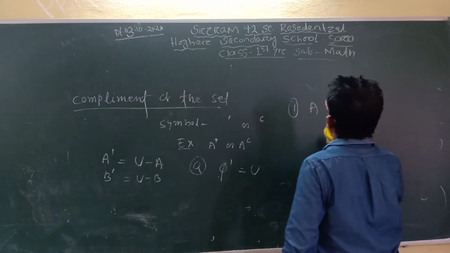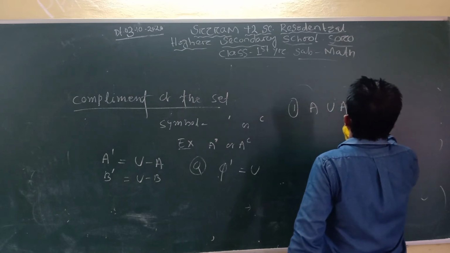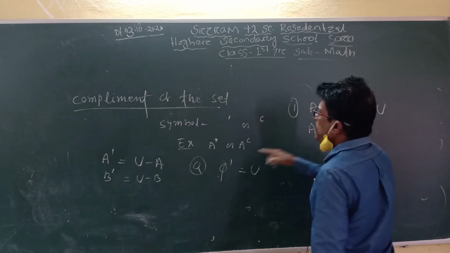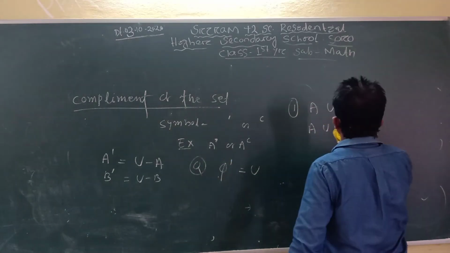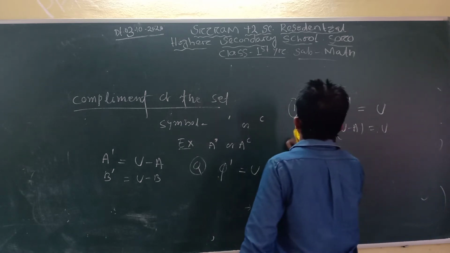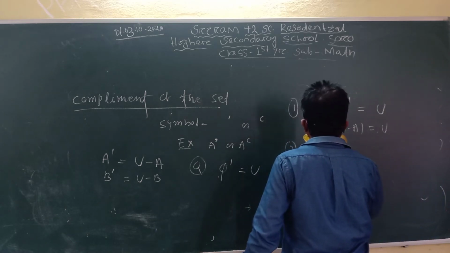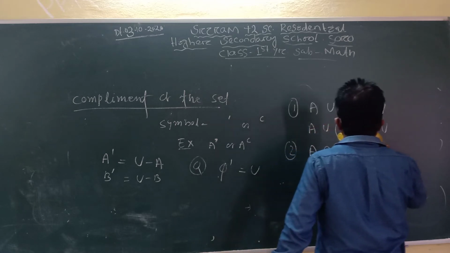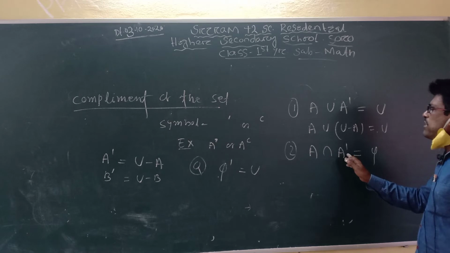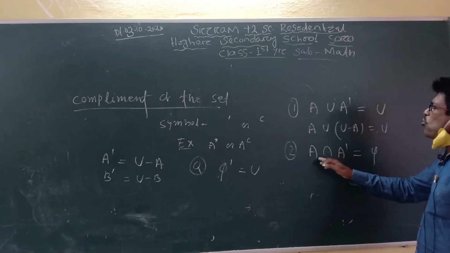First, A union A complement is equal to U, because A union A complement means U, where A cancels, and that becomes U. Second, A intersection A complement is equal to phi, because A and A complement have no common elements.